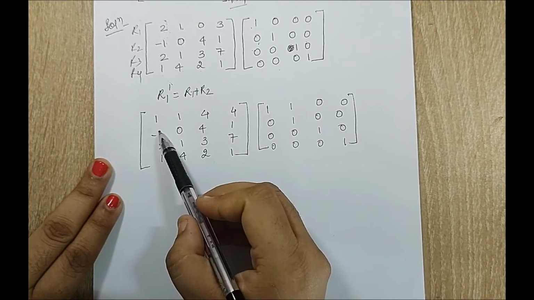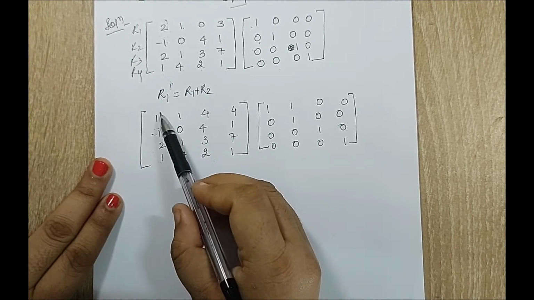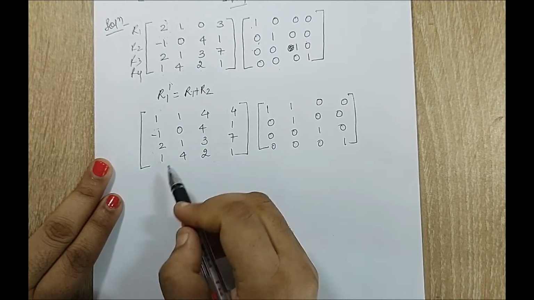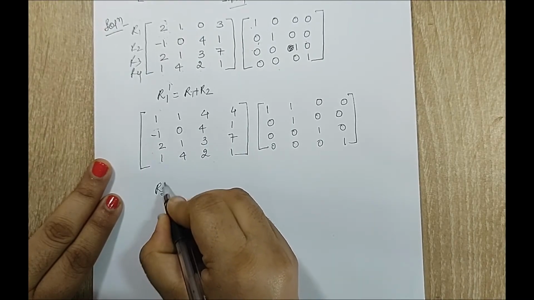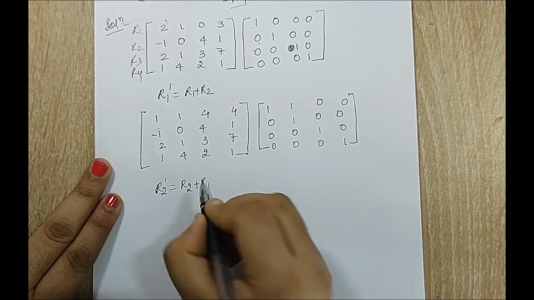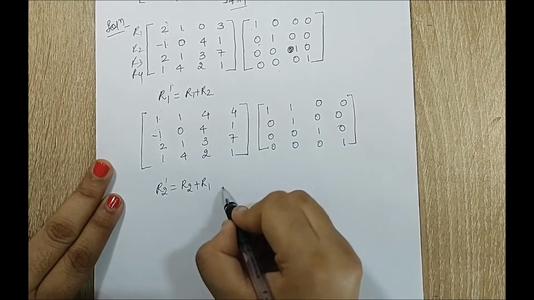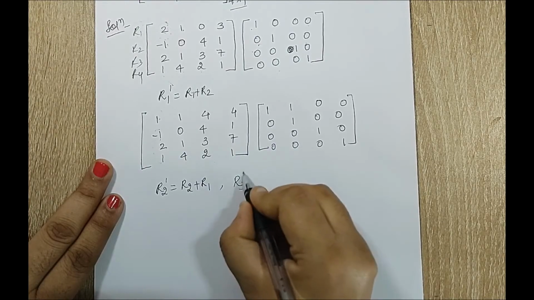Next, I will work on these three elements and try to make them 0 by making use of this number. So can I say R2 dash is equal to R2 plus R1? Suppose if I add the R1 value to this number, I get 0. Next, I'll solve for R3 dash.